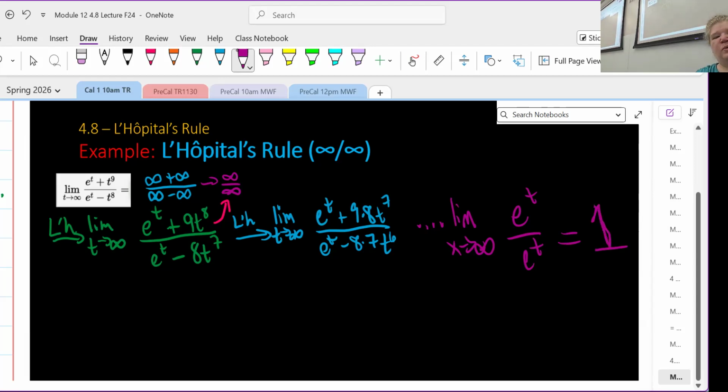So it turns out when we're looking at ridiculous functions like this that have polynomial terms versus non-polynomial terms, the non-polynomials' derivatives usually don't go to 0. They'll fall into some weird pattern, or they'll be like e to the t, where we just keep getting e to the t over and over again.